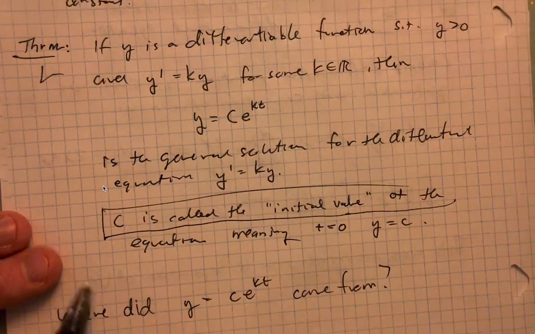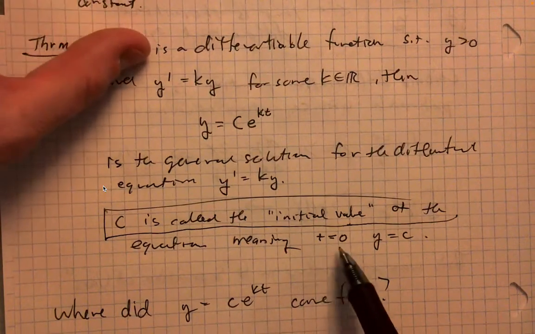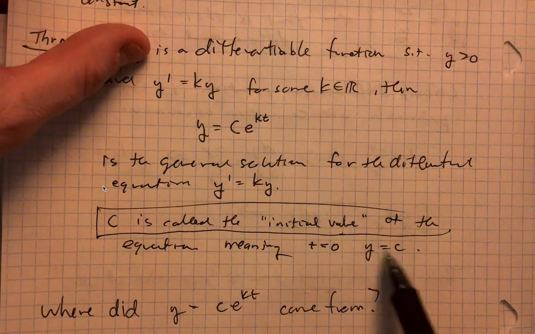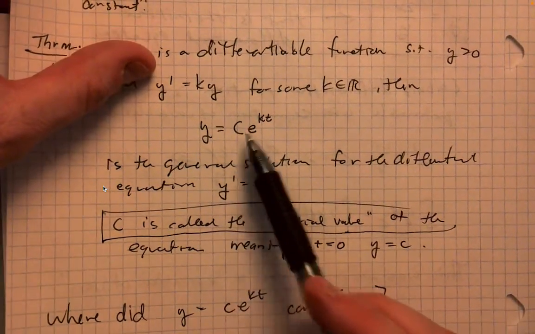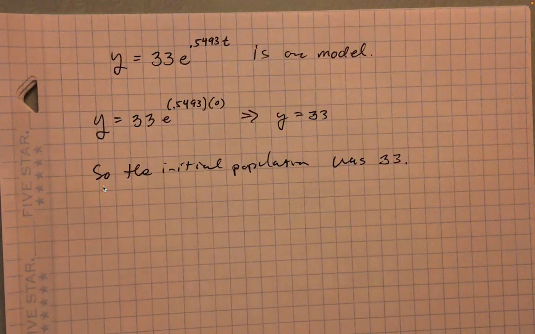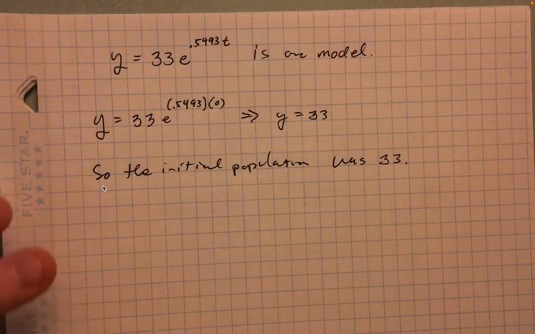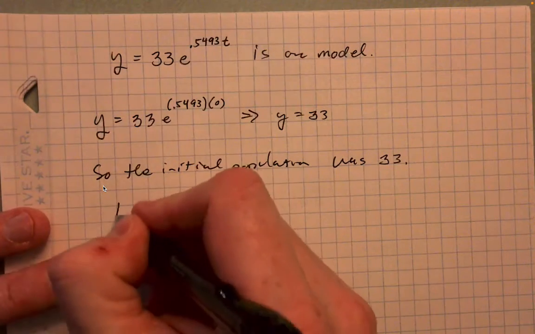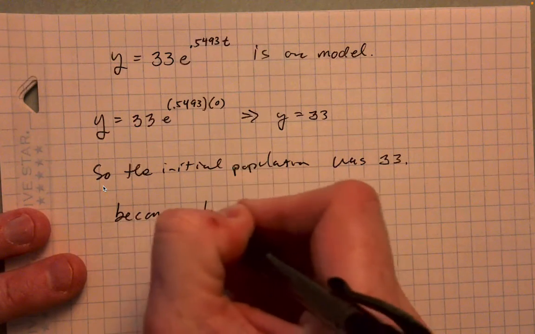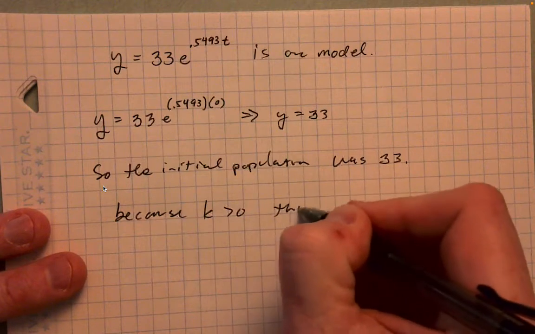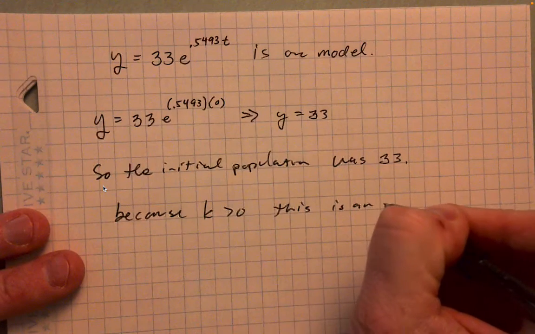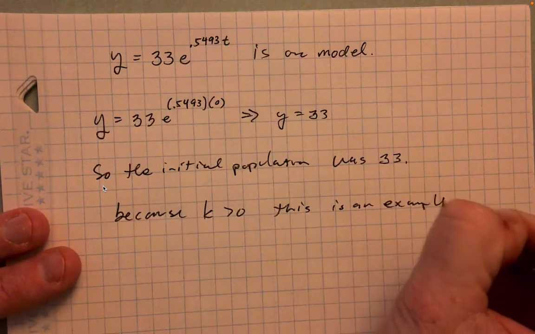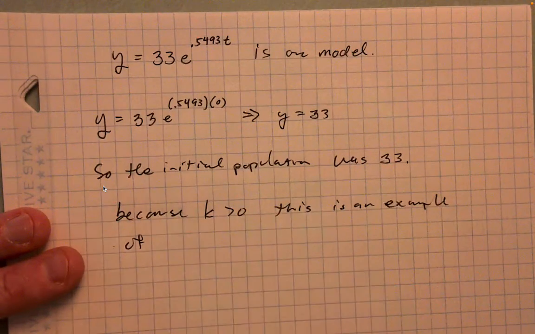It's the initial value specifically because when t is equal to 0, y would be equal to strictly c, and that's what we just showed. So this would be an example of exponential growth, because k is greater than 0.